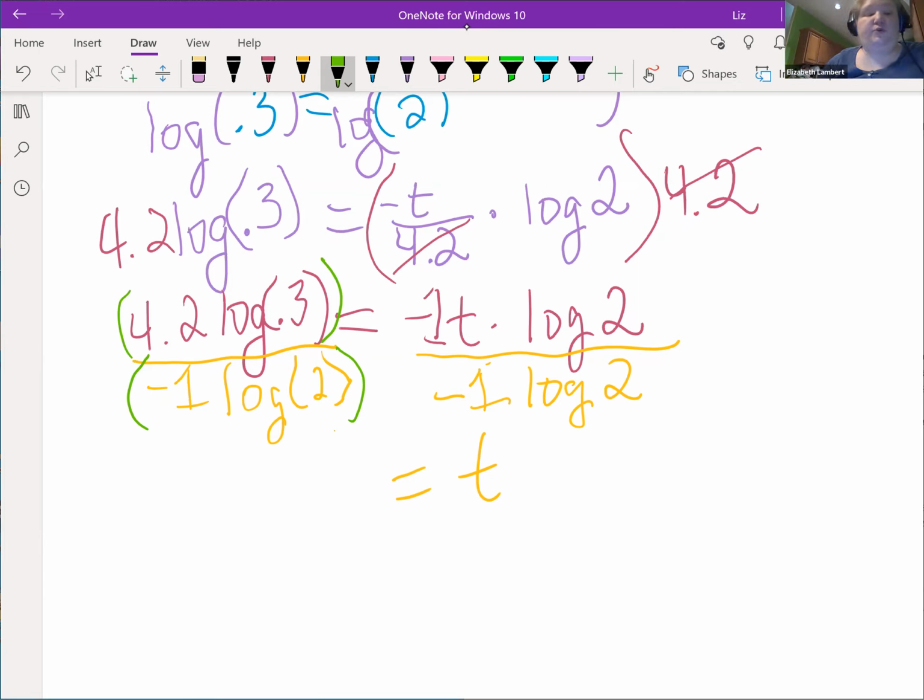All right, so let's go ahead and crunch that craziness. All right, so open 4.2 times the log of 0.3. And when I type log, it opens a parenthesis, so I had to close that one and close the one after. So it actually looks like what I wrote because I have the red parenthesis and the green parenthesis.